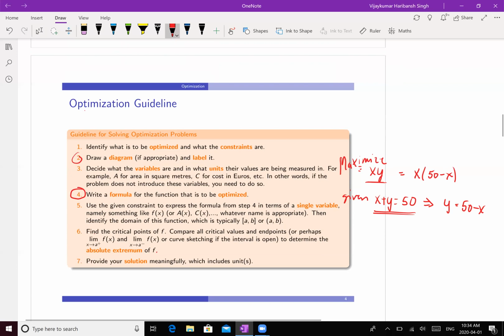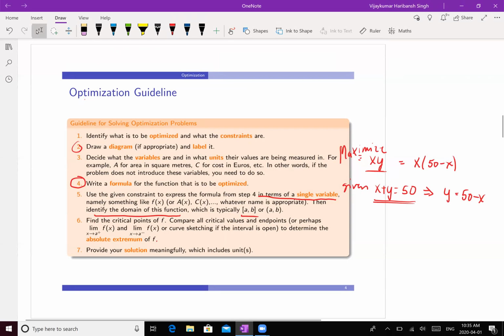So the idea is that in the end, you should get a function of one variable so that you can optimize it. Now, again, you have to identify the domain of the function, whether it's a closed interval. Typically, it will be either a closed interval [a, b] or an open interval (a, b). If you have a closed interval, remember how you found the absolute maximum and absolute minimum.